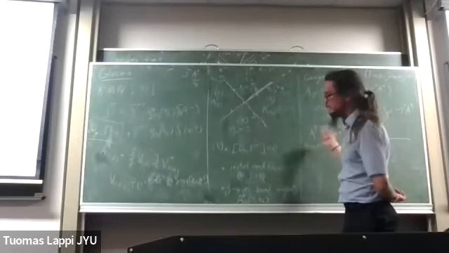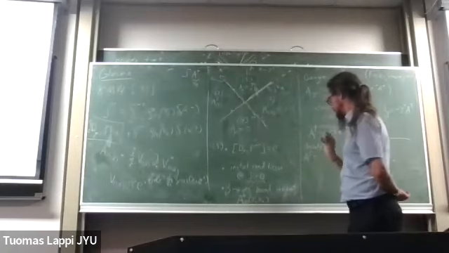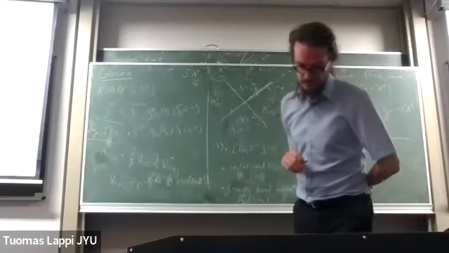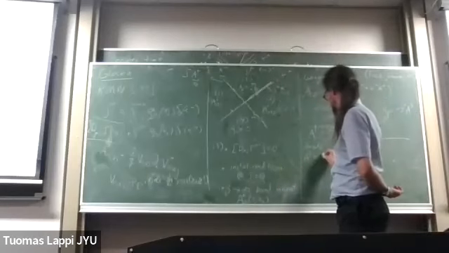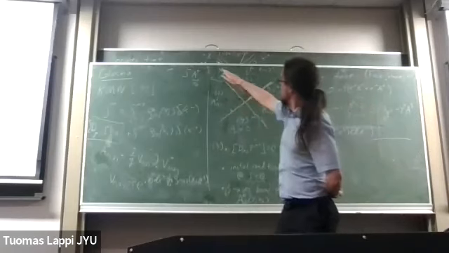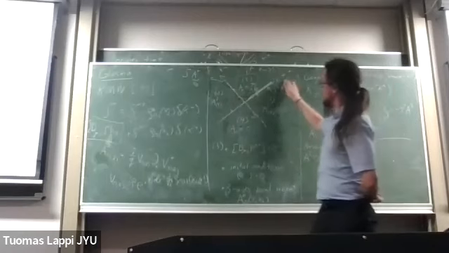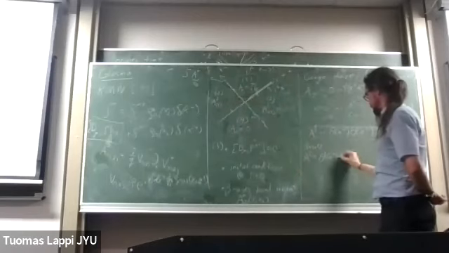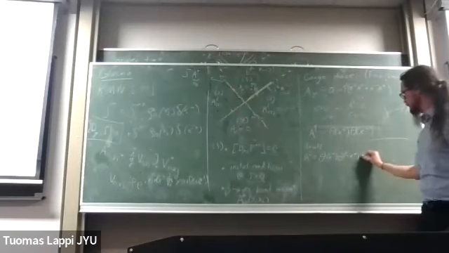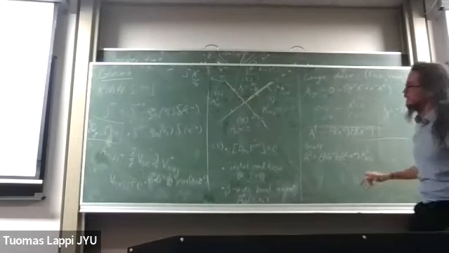So A^i, the transverse components of the gauge field, is going to be, first of all, in the region 1, where x minus is greater than 0 but x plus is less than 0, theta of minus x plus. And here we know the solution. This is solution number 1.